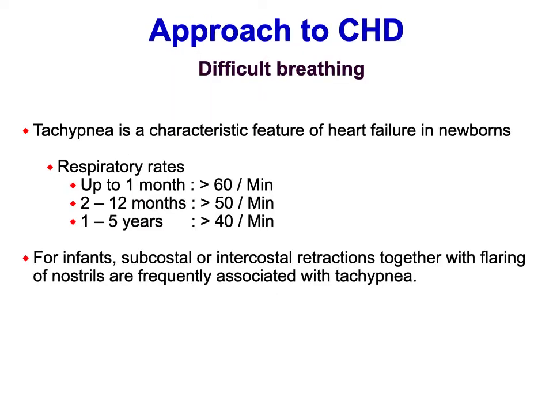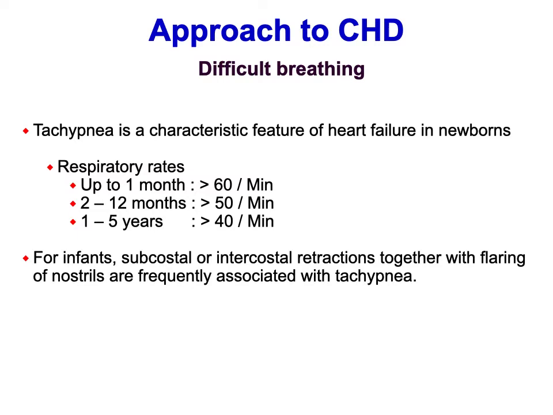Now when you consider breathing difficulty, we think of two things. One is the respiratory rate, and the second is the excessive use of accessory muscles, that is called difficulty or labored breathing. So tachypnea, or increase in rate, is a characteristic feature of heart failure, more in newborns. It also affects older children but to a lesser extent.